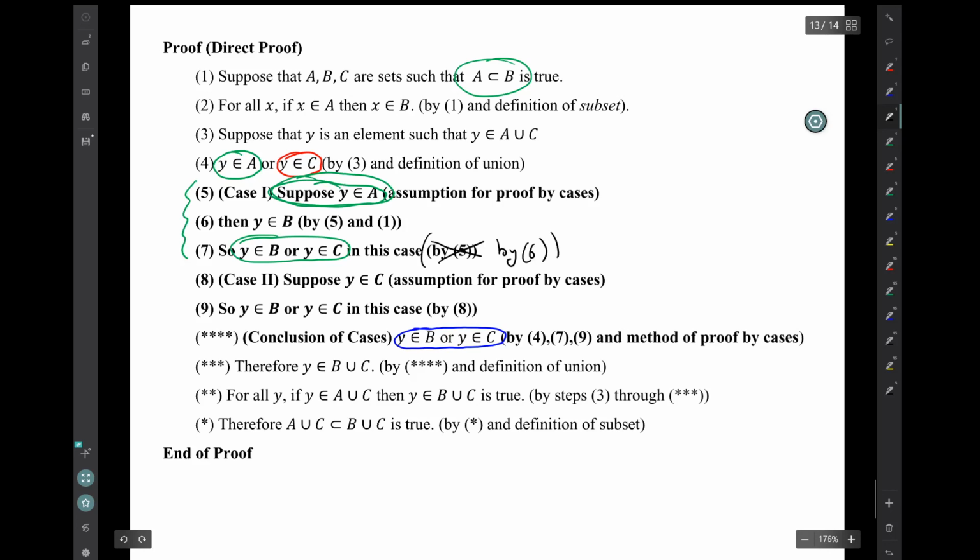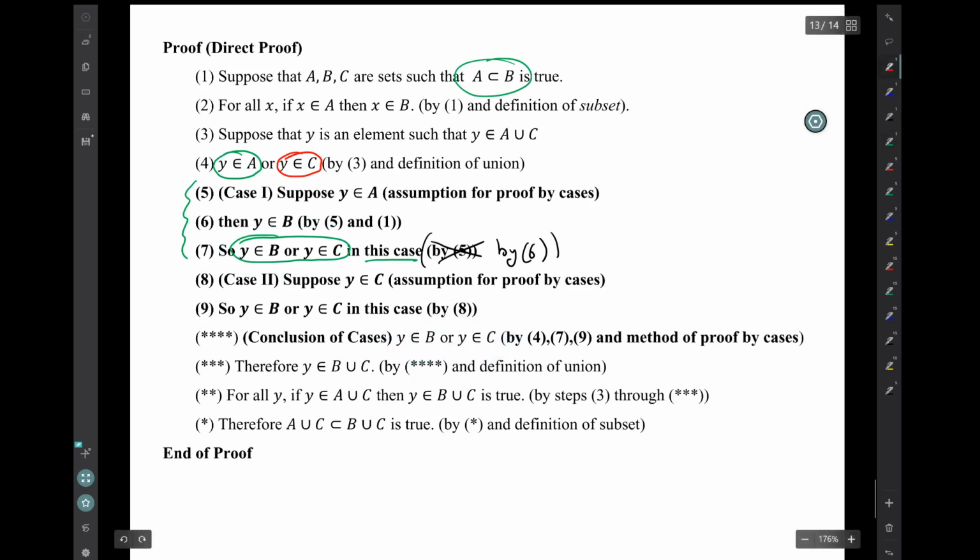If y is in B, then we can certainly say that y is in B or y is in C is true. So we see that our goal, our statement that we wanted to prove, is true. We can say that it is true in this case. That's the green case, case 1.